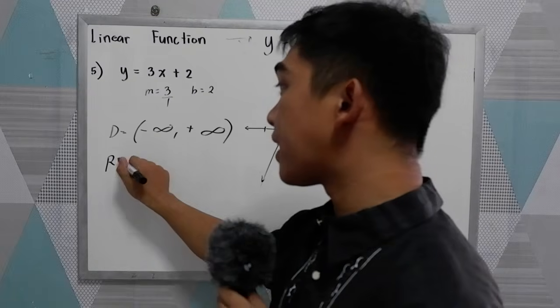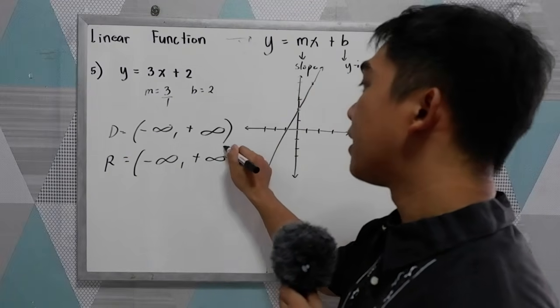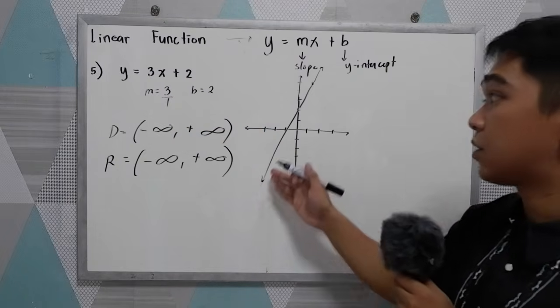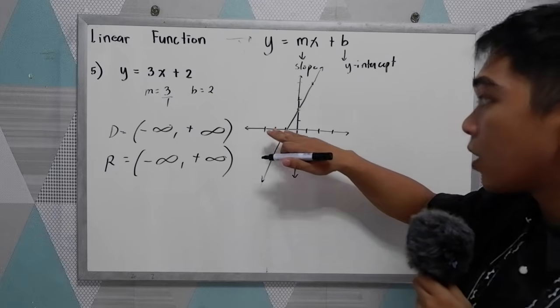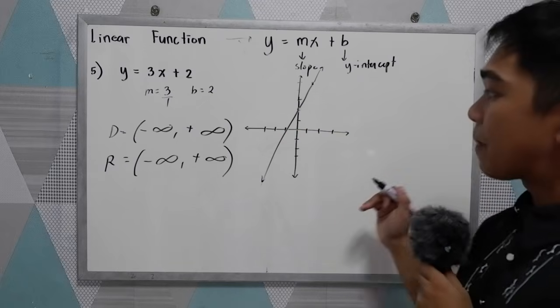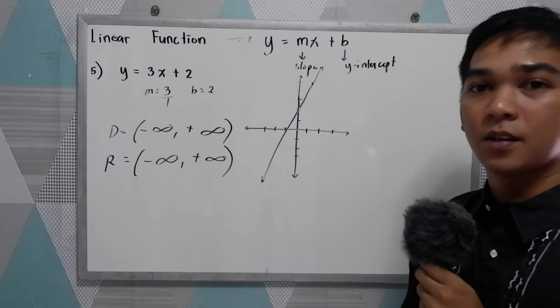And also for the range, that is negative infinity up to positive infinity. Because the graph of a linear function is a straight line, wherein it passes all our inputs in our x-axis and it passes all our outputs in the y-axis.